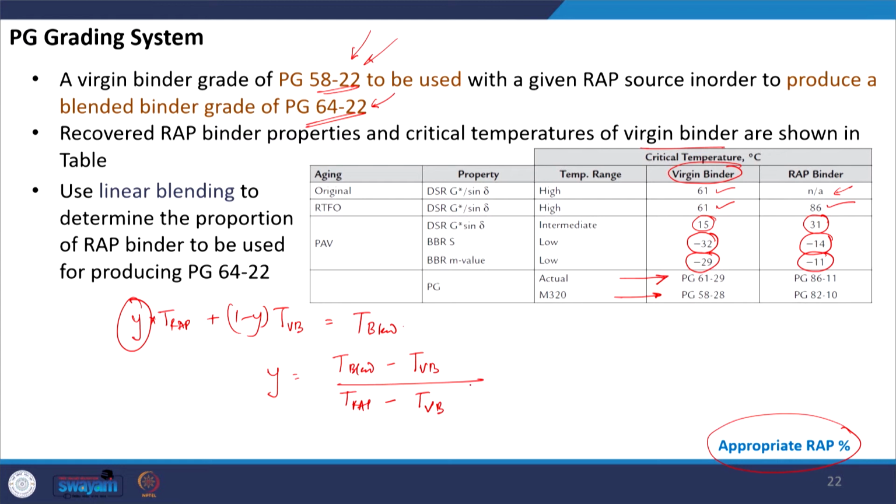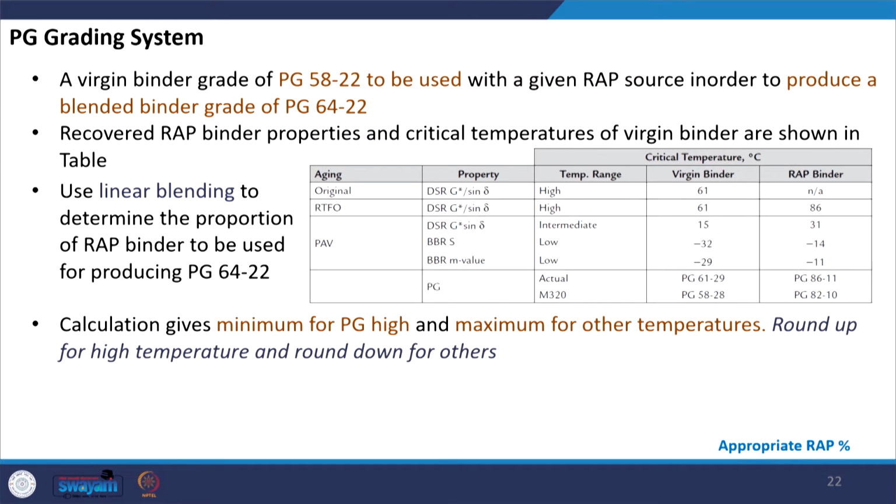So, this formula we will use to calculate the value of Y for all the different cases. So, let us look at the calculation for each case. Let us say that first we are looking at the value of PG high. So, when you do the calculation for PG high, Y becomes equal to how much? 64 is the target value minus 61 is virgin binder divided by RAP which is 86 minus virgin binder 61.